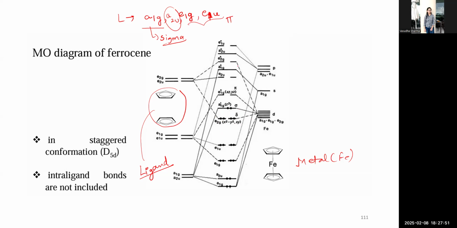Then all the antibonding starts over here. And this is a staggered conformation, meaning that the angle is 180 degrees.